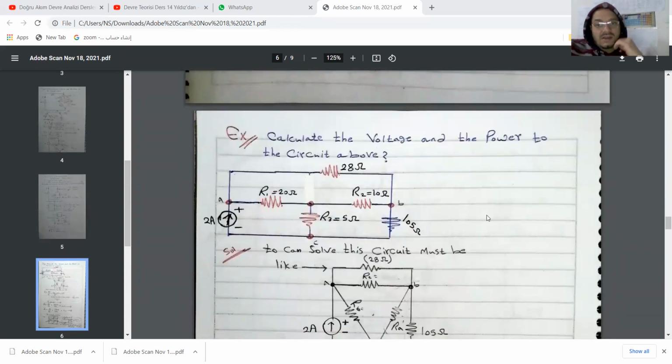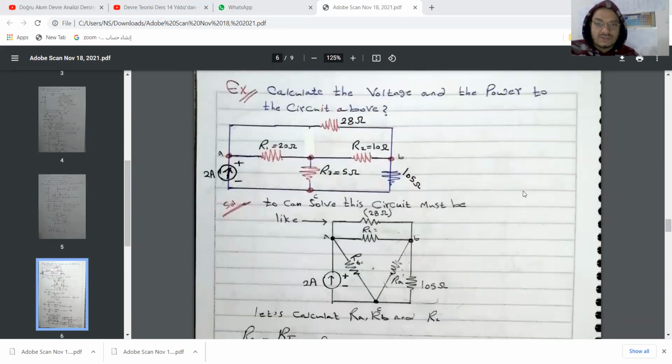Here this is another example, but it's harder than the last one. Calculate the voltage and the power of the circuit above. The same two elements, we must calculate the voltage and the power like the last example, but here the resistance places are different.